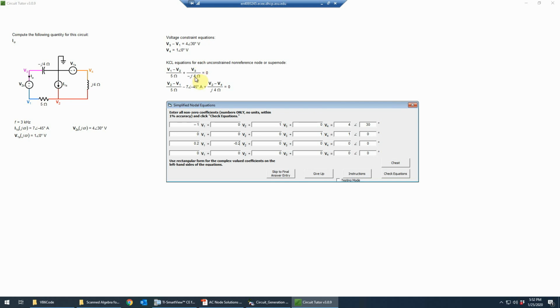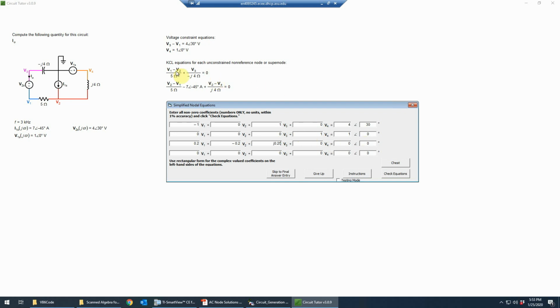So 1/4 is simply 0.25, and 1 over negative j, we may recall, is just j, because remember j squared is always equal to negative 1 by definition. So therefore 1 over negative j is j. So we can say that the coefficient is j times 0.25, not j4. Okay, so that would be the coefficient of V3. So we'll put j 0.25.